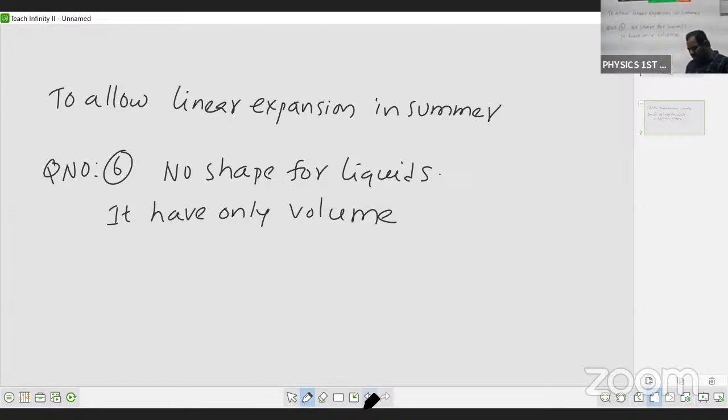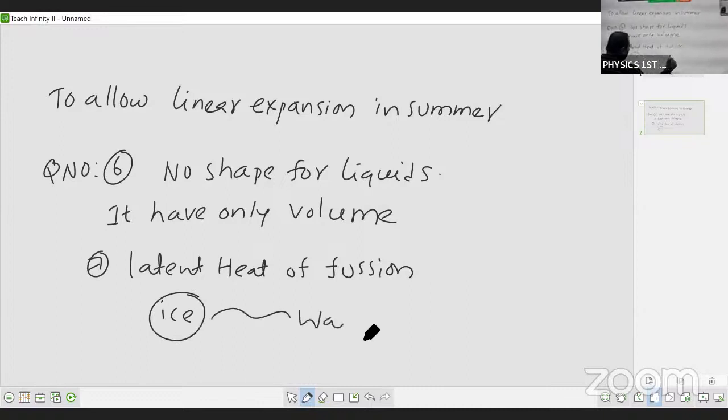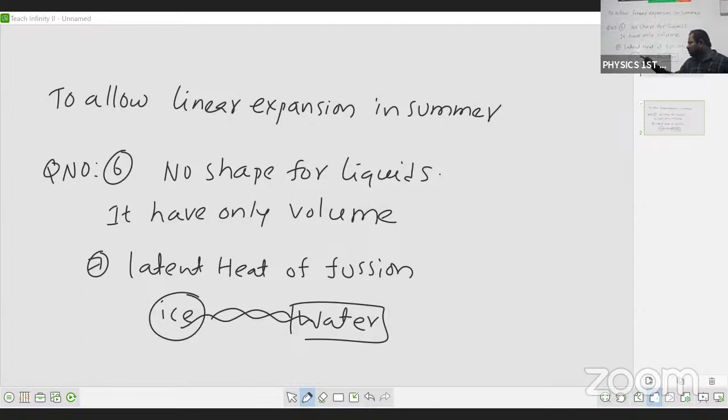Next, latent heat of fusion and latent heat of vaporization. First, latent heat of fusion. The amount of heat required for a solid, nothing but ice, to convert from solid state to liquid state.